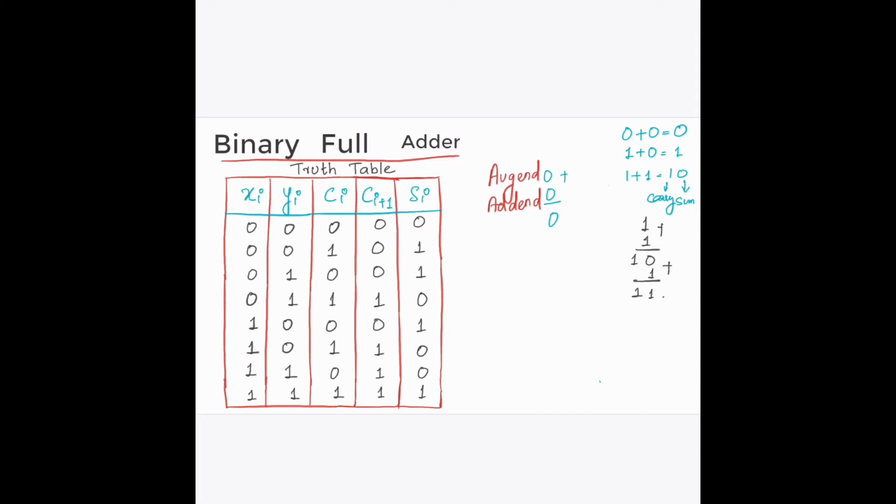In order to express this in terms of logic gates, we can either directly write the minterms and solve it, or else we can use a K-map.